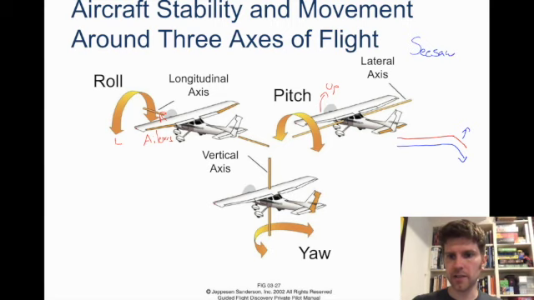And what's going to happen is the plane is actually going to rotate around its center of gravity. So what happens is when the tail gets pushed up, the nose gets pushed down. So the net result is elevator down equals nose down.